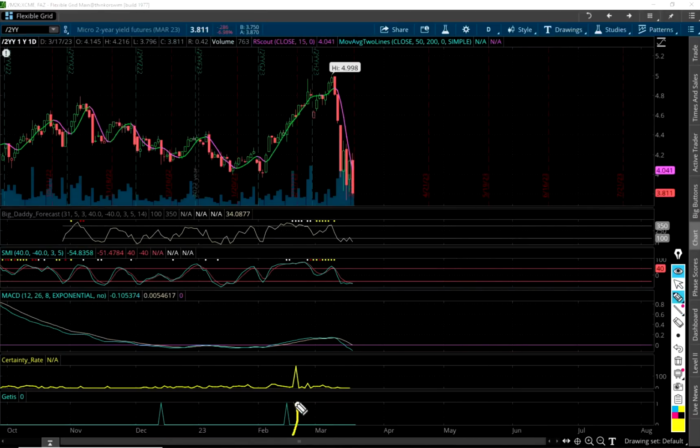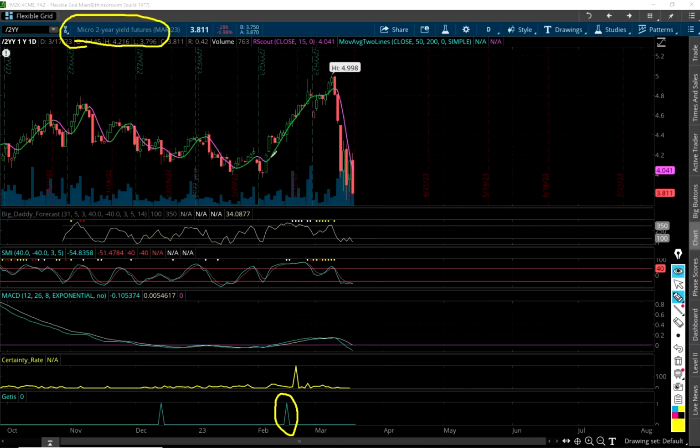All right, so look down here. This is the symbol the GITTIS algorithm picked out, the 2-year yield futures. Now I'll get into symbols that are not futures for those that don't trade futures. Just hang with me and I'll show you a symbol on something you could have traded. But look at the 2-year yield here, which is a fairly new product, by the way, that the CME Group just put out about 8 months ago.